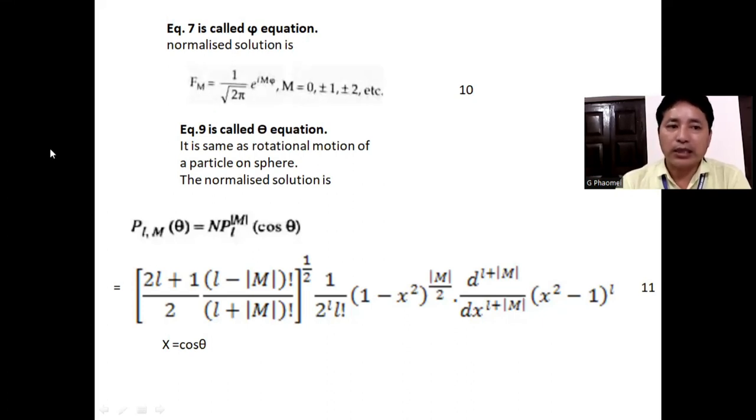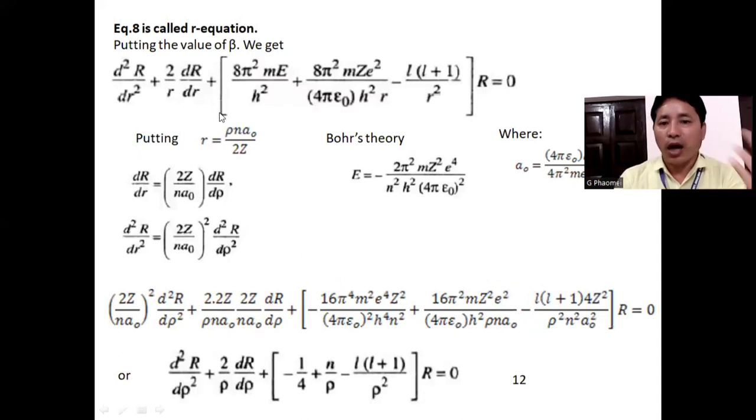If you have the associated Legendre equation, the solution of that equation will be Legendre polynomials. So the third equation's solution is this one. Either in the short form we write it like this, or in detail we write it like this, where x is equal to cos theta. As this part of the equation has been solved separately in the case of rotational motion, I may not go into detail here. And the next one is the R equation.